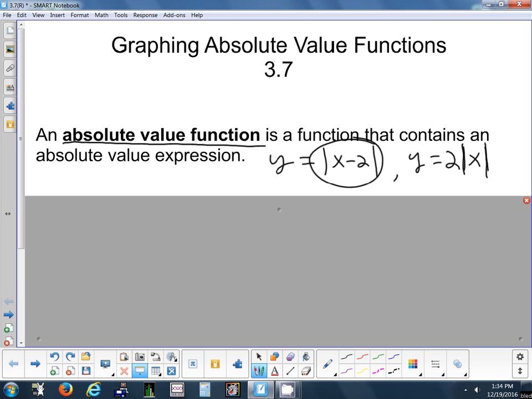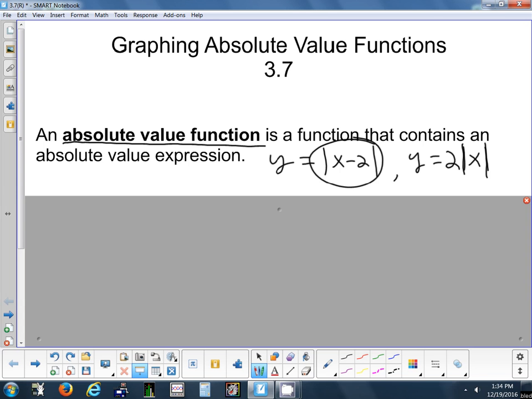Itself. Think of what letter has to be on the other side. Only one letter on the other side. Left is y, right is x. So what could you put on the right-hand side that would be simpler than what I just circled?